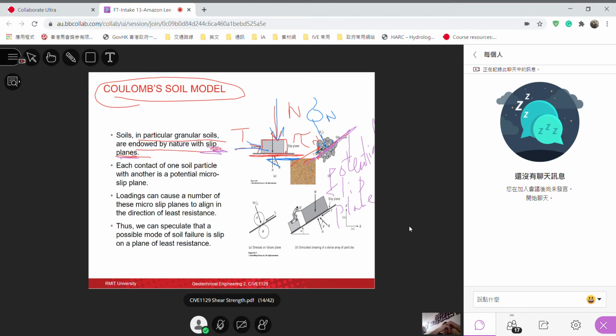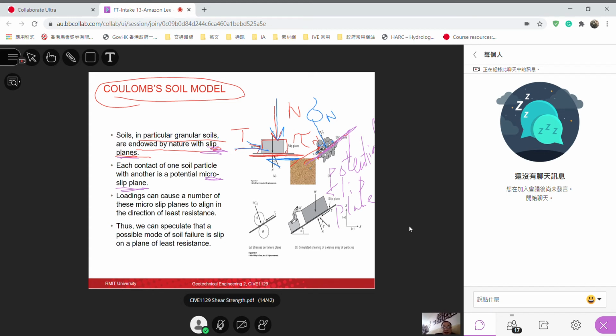So all these small micro slip planes join together to become the potential slip plane, and that will be the failure plane of your soil mass. If you look at the soil particle, it's just an individual micro slip plane, but these micro slip planes join together along all the soil mass to form the potential slip plane of your earth structure.